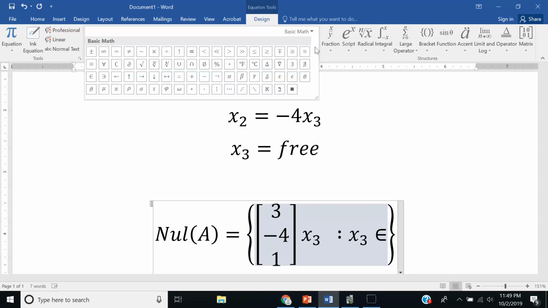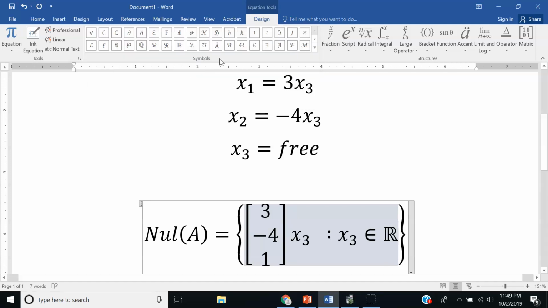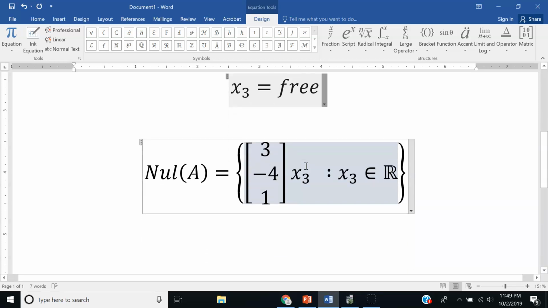So the null space is all vectors of this form, 3, negative 4, 1 multiplied times any real number. So those are the things that all get sent to the 0 vector. Anything that looks like a scalar times 3, negative 4, 1.